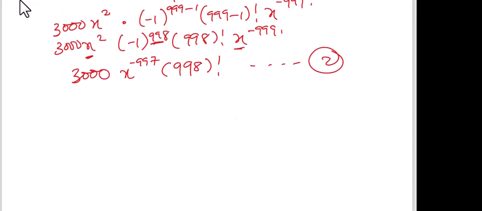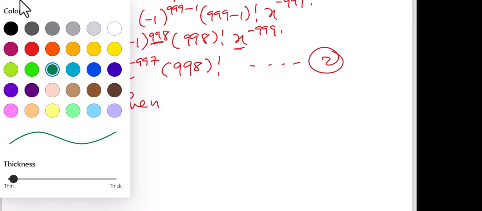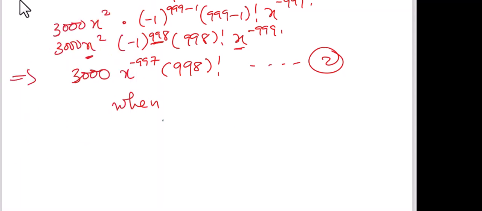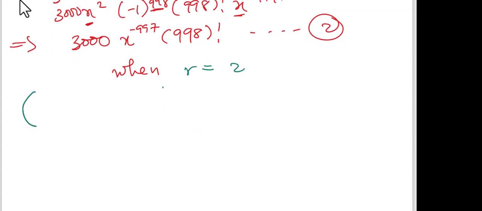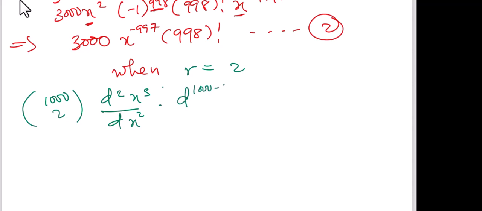Okay, now let's go. When r is equal to 2, we will have 1000 combination 2, d^2 of x cubed, d of x squared, like this, times d^(1000 minus 2) of x^(1000 minus 2) ln of x.